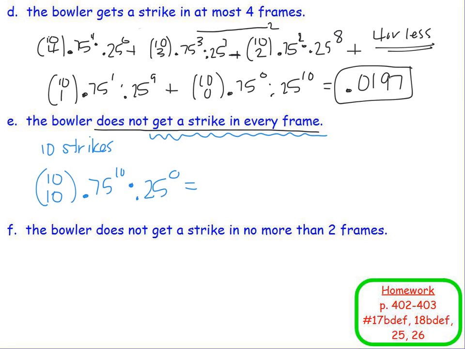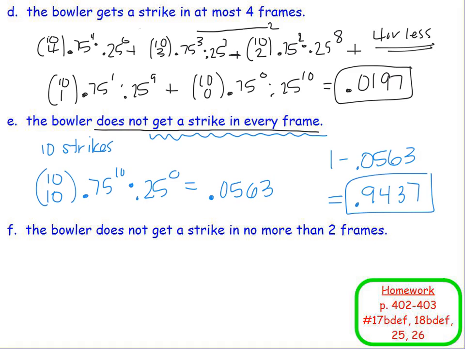My calculator spit out 0.0563. But this is a complement, which means we need to take 1 minus that answer, which I end up with 0.9437.